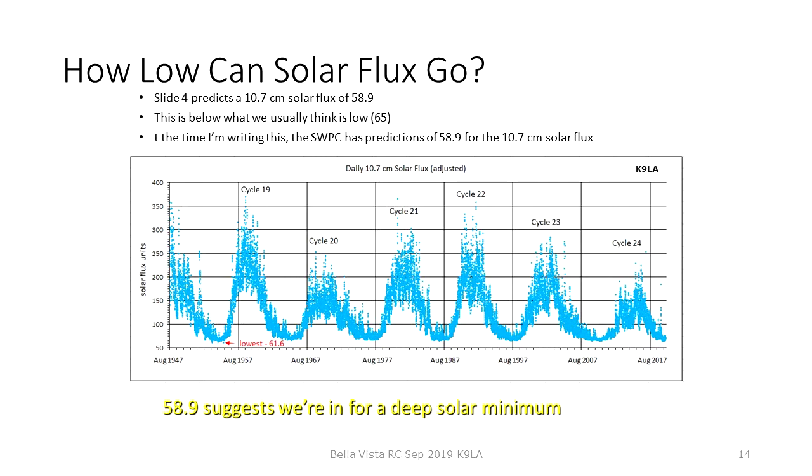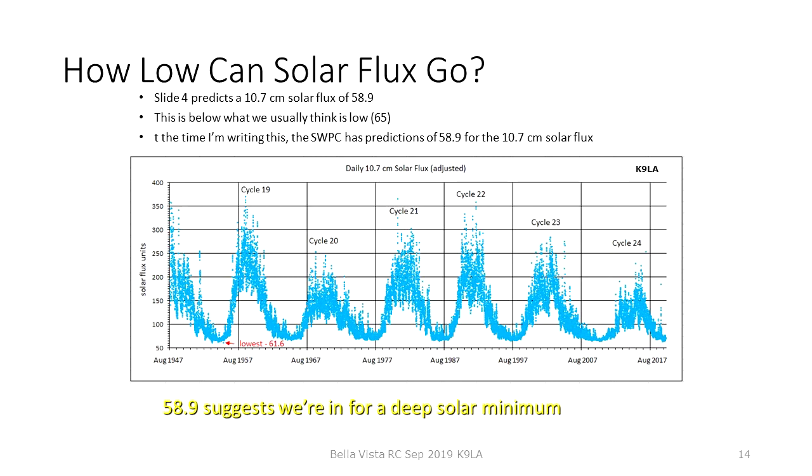And darned if back in 1955, there was a solar flux reading of 61.6. That's pretty low. And what the 58.9 suggests is we're in for a deep solar minimum. Now, that's not good news for those who like the higher bands, but that's maybe what's happening.